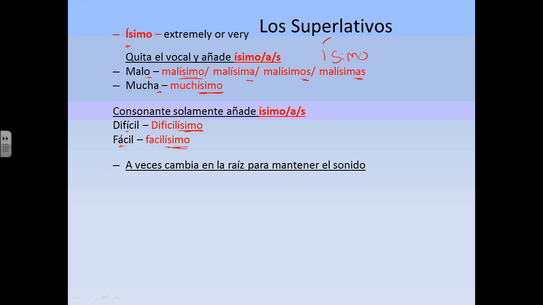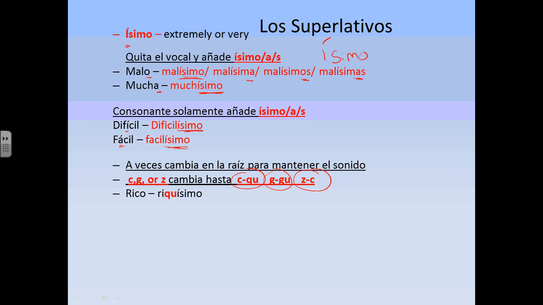Okay. A veces hay que cambiar la raíz para mantener el sonido. So sometimes you have to change it in its stem to maintain the sound. So if it ends in a C, G, or Z, the C changes to a QU, the G changes to a GU, and the Z changes to a C. Sometimes, not in all the situations.